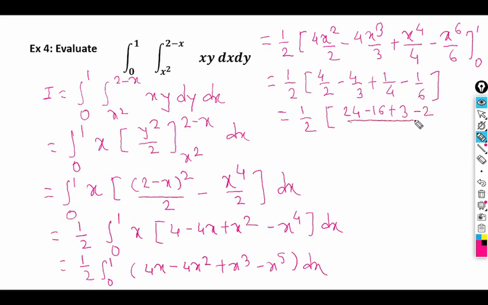So everywhere the denominator is now 12, that is the LCM. After simplification, 24 minus 16 is 8, 8 plus 3 is 11, 11 minus 2 is 9. 9 by 24, is it correct? 9 by 24, but yes, it can be simplified. 3 3s are 9, so 3 by 8.